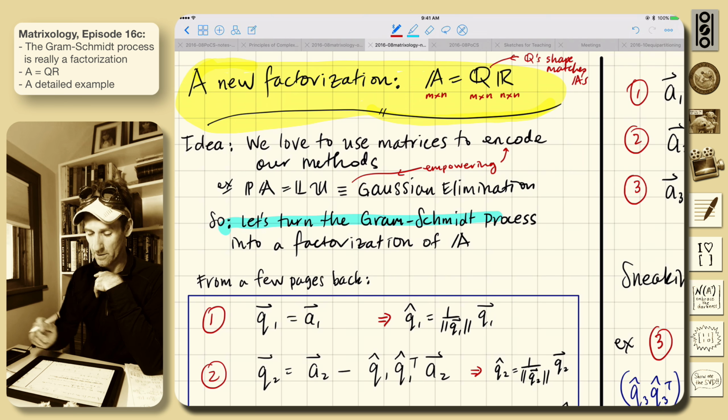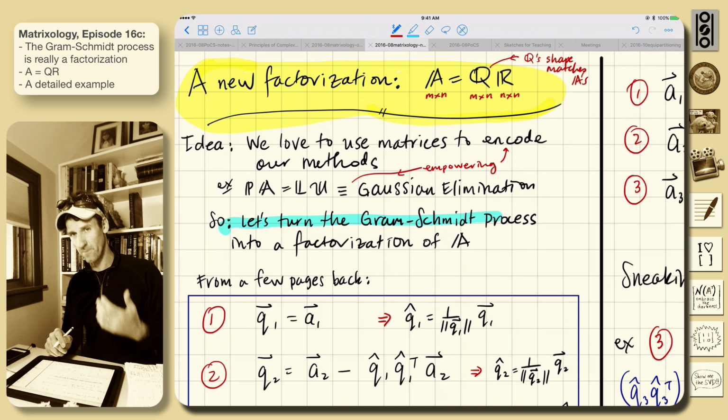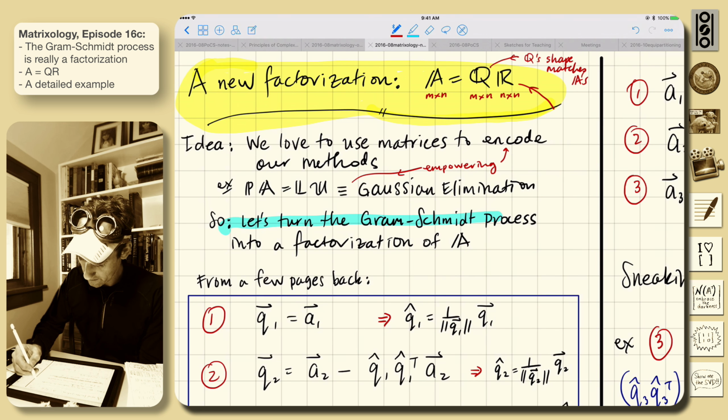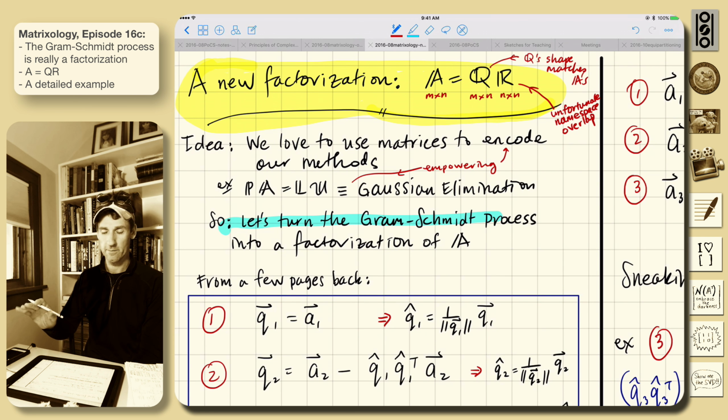And R is a combining matrix. This is an unfortunate namespace overlap, right? We've already used R for reduced row echelon form, but this is a different R, right?